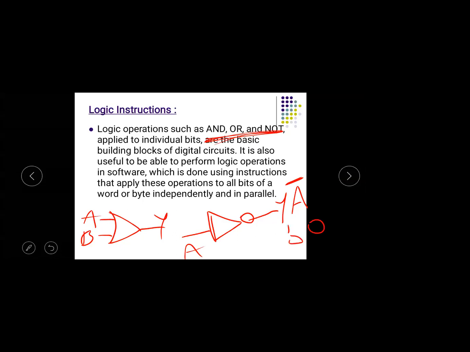If the input is 0, the output is 1. These are the three basic gates: AND gate, OR gate, and NOT gate, and we have to perform the AND operation, OR operation, and NOT operation by using these three gates.